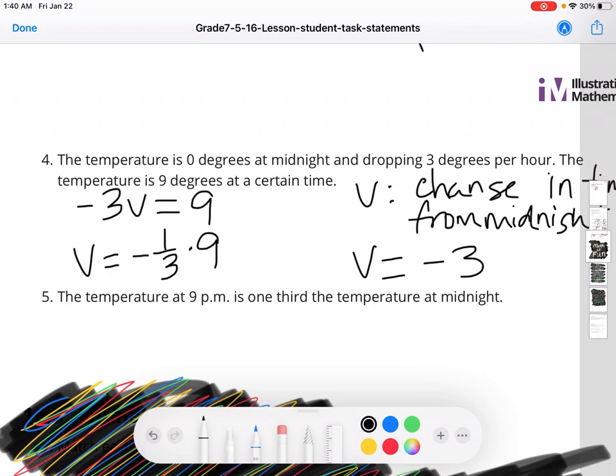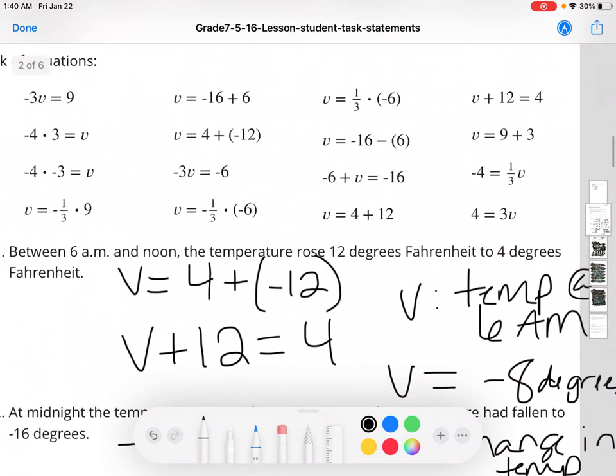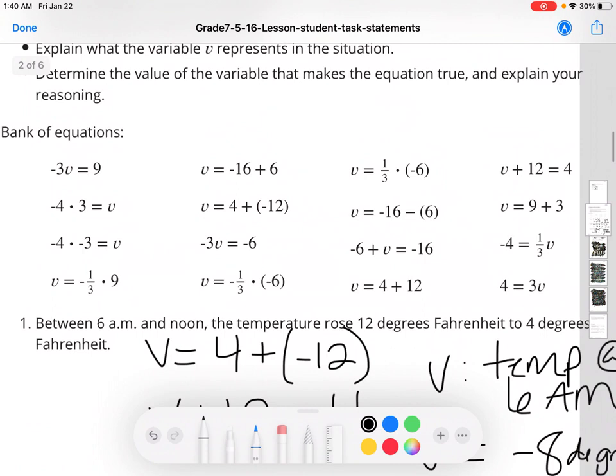Number 5, the temperature at 9 p.m. is 1/3 the temperature at midnight. So you might want to pause it on your equation so you can look at them. And I'll read it again. 5 says the temperature at 9 p.m. is 1/3 the temperature at midnight.